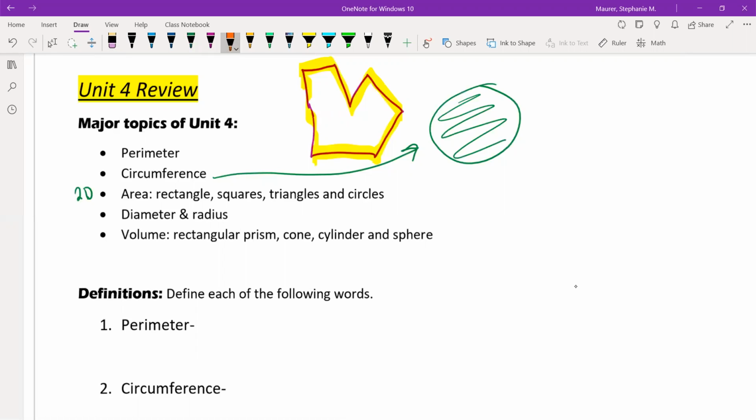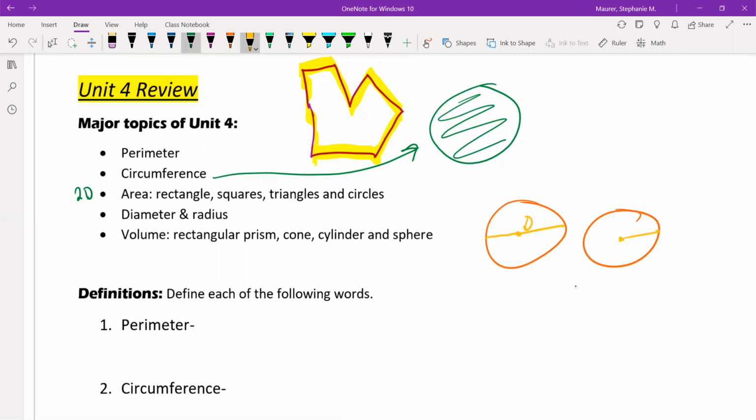A reminder that diameter is a longer word, in which case diameter refers to going through the center of the circle, going from one side to the other. So that's going to be diameter. Versus radius is a shorter word because it's a shorter line. It's only half of the circle, going from the center to the outside. So a reminder of those words.